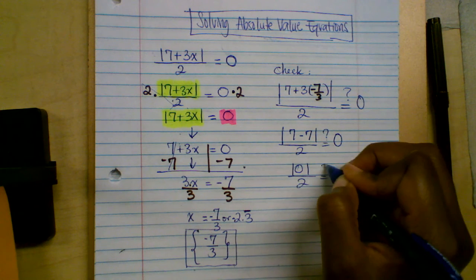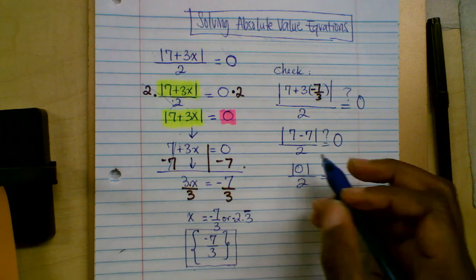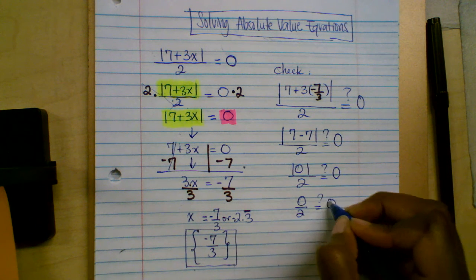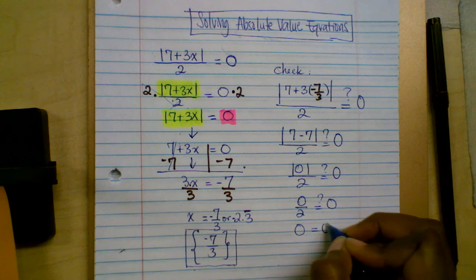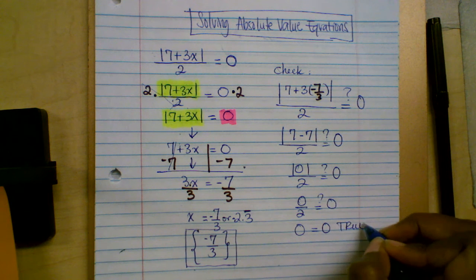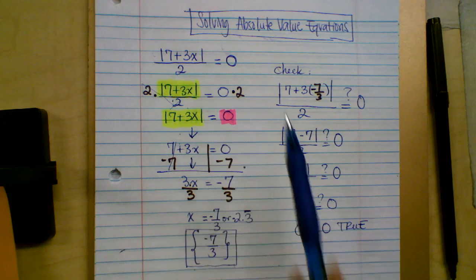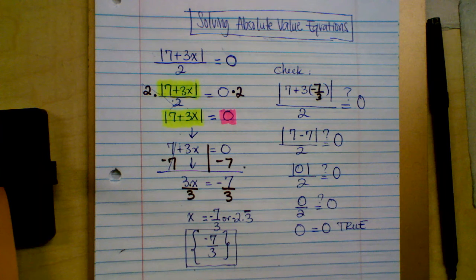Let's continue. Remember, the absolute value of 0 is 0. And 0 divided by 2, is it going to be equal to 0? Yes, 0 is equal to itself. So it's true. The solution, negative 7 over 3, is the only number that will give us the distance of 0. So I'm done solving the second example.